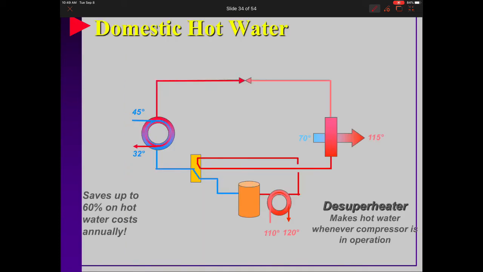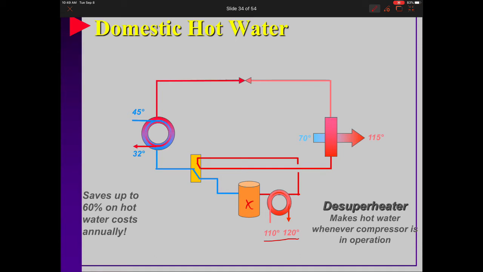So how does the domestic water loop function? Here's an example of when the compressor is operating, it's going to send that hot gas directly into a small de-superheater coaxial coil. And it will provide 110, 120 degree water coming out of there, typically not much more than that.